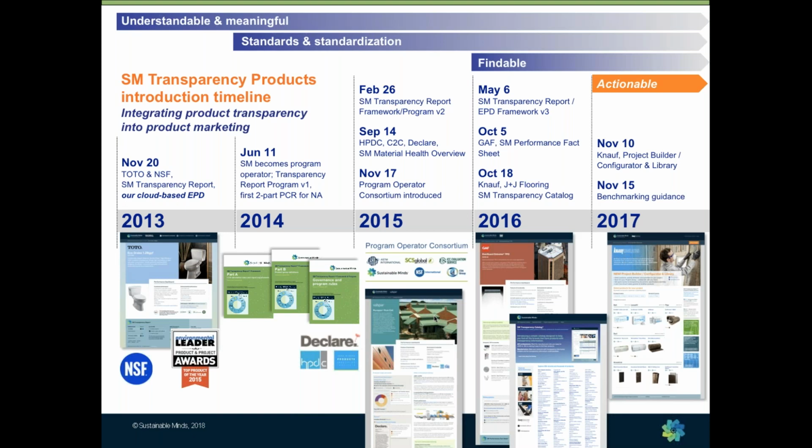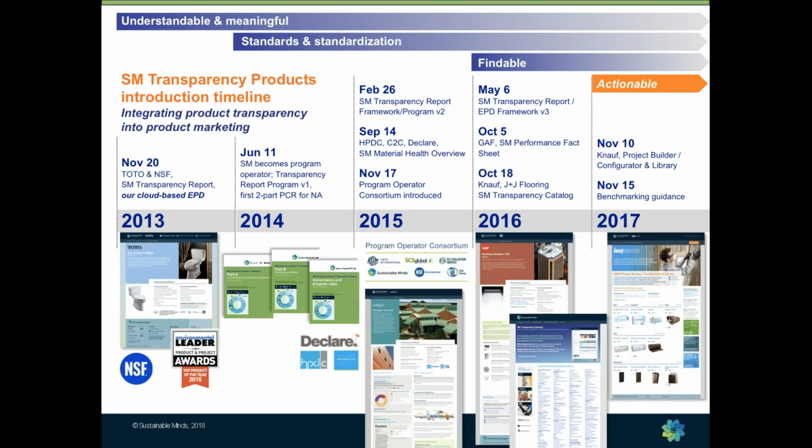And so every year we continue to look at making, we started out with focusing on making things understandable and meaningful. And then we started working on developing standards and standardization of how information is delivered and engaging the industry in delivering things in a standardized way.